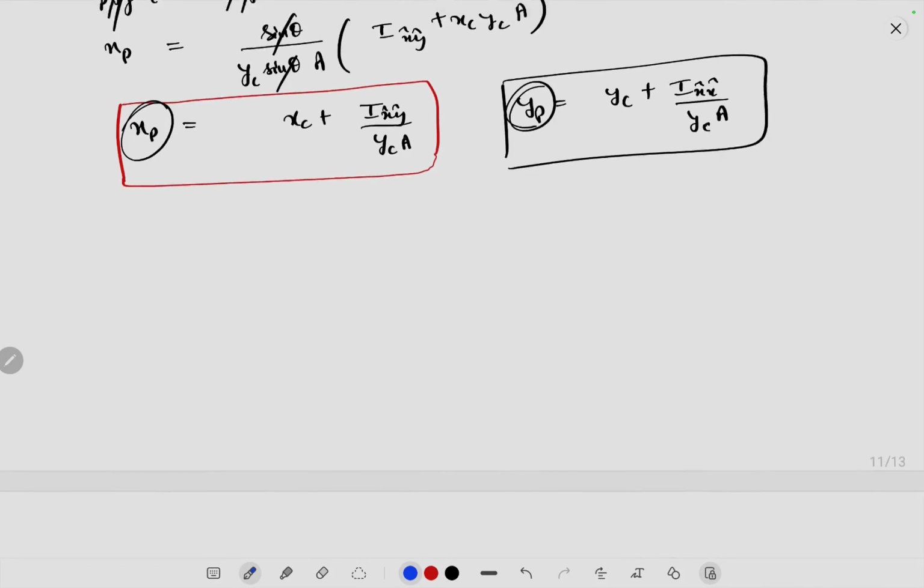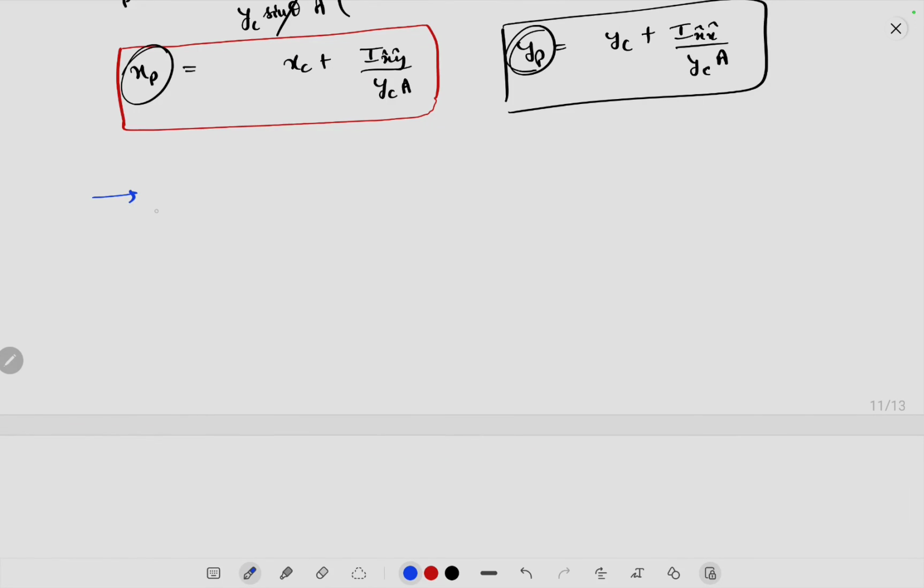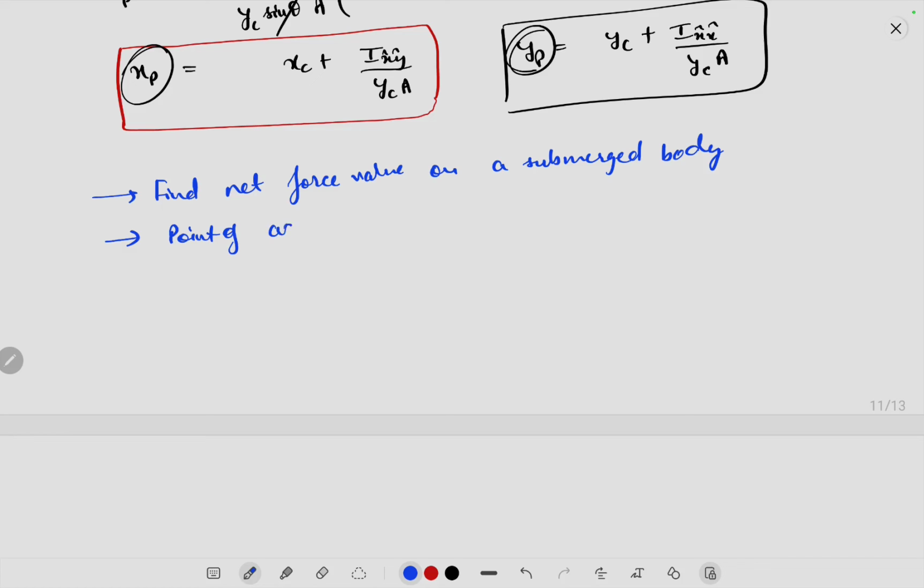From this lecture we are now able to find the net force value on a submerged body, and also the point of action, called the center of pressure, on the body. Okay.